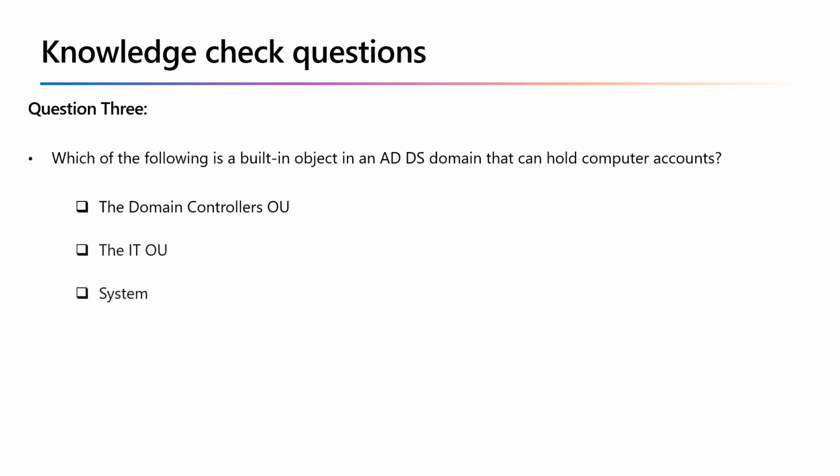Now, it's a bit of a language thing here. What kind of object? An object can be a user account, a group account, a container, or a GPO. But a system account, that's not there by default. The IT OU can be created after the fact. So these two are not there. The only one that is there by default is the Domain Controllers OU.